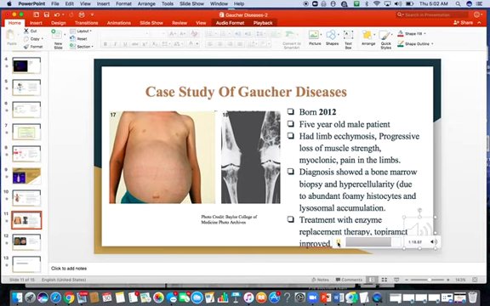And one symptom that seemed to occur within Gaucher disease is a swollen belly, as shown in this picture.